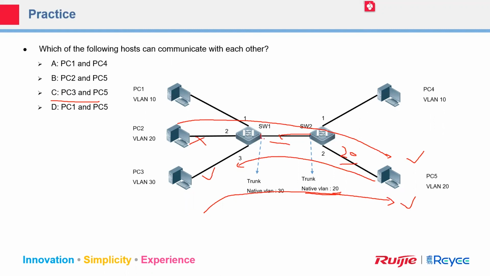When the trunk interface receives the packets without the VLAN information, it will add the native VLAN. The native VLAN is 30. So now the packets are forced into VLAN 30, and only this interface can send them out. So that's why we say option C is correct: when PC2 sends to PC5, it cannot get the reply from PC5. So it's easy for you to understand.